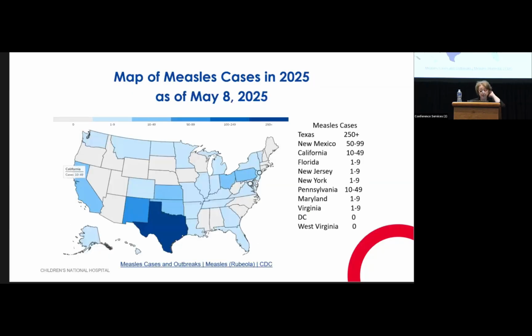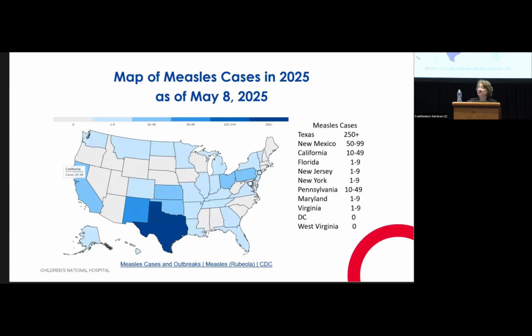Looking at the map of measles cases in the United States, we know that we've had a high proportion in Texas, 250, and in New Mexico. And these states have actually had fairly good vaccination rates, but measles has just entered communities in these states in which there have been a number of unvaccinated and susceptible individuals.